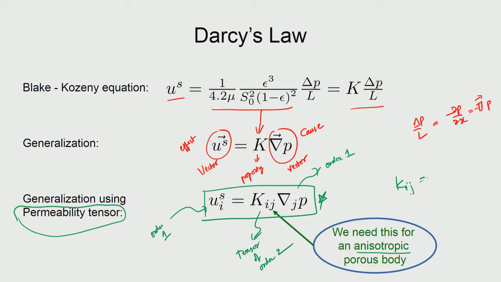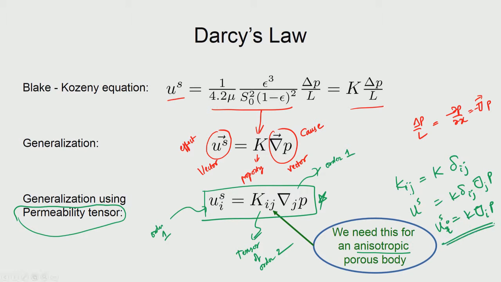So, if the porous body happens to be isotropic, then you can write k_ij as k into delta_ij, in which case you could see that u_i is then given by k into delta_ij times the pressure gradient, that is basically k times the pressure gradient.